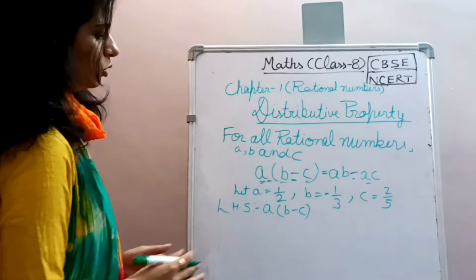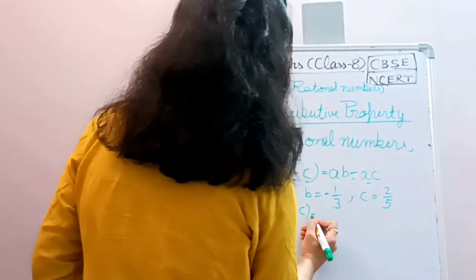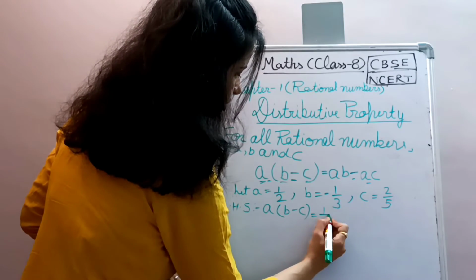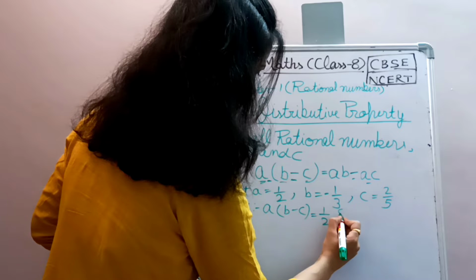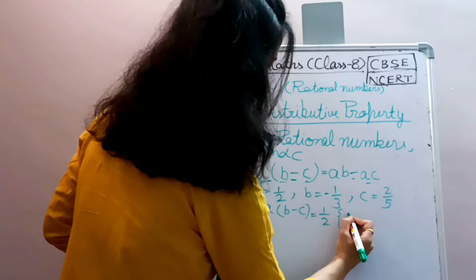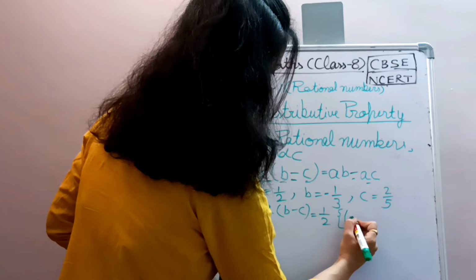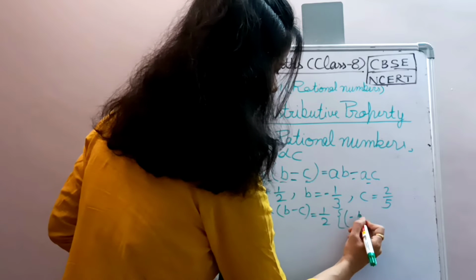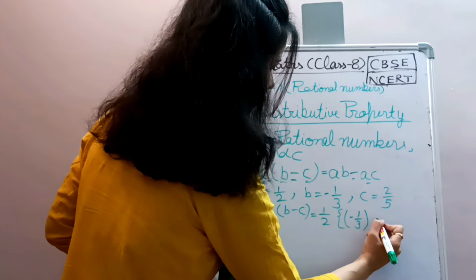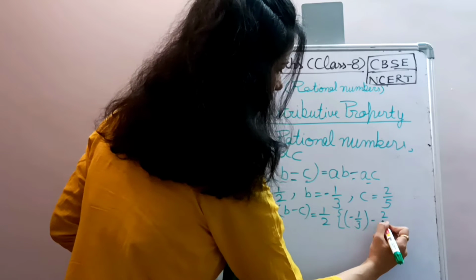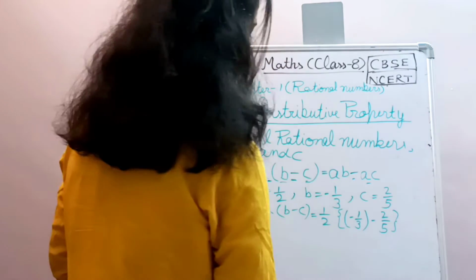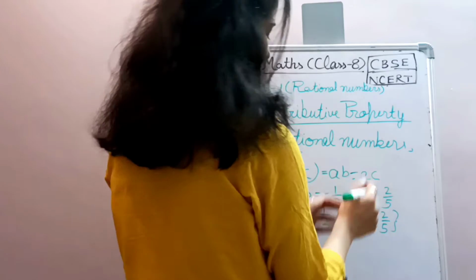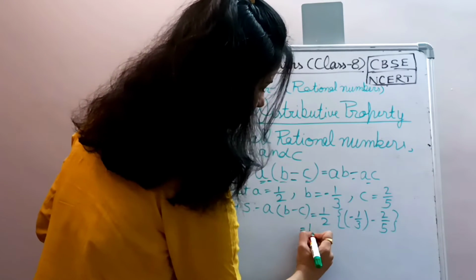Now just put the value of A, B and C here. 1 upon 2, here the value of B is minus 1 upon 3 minus 2 upon 5. Now just simplify it. Firstly we will solve the operation within bracket, as you all know.